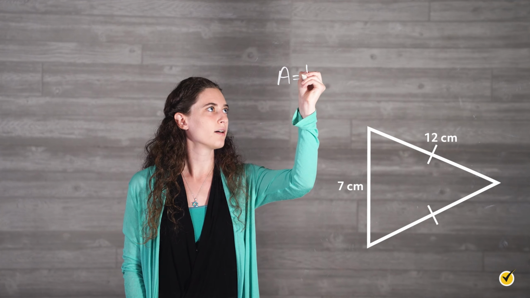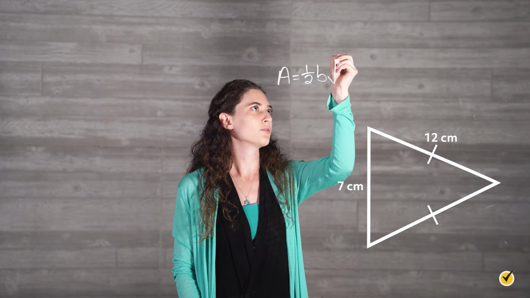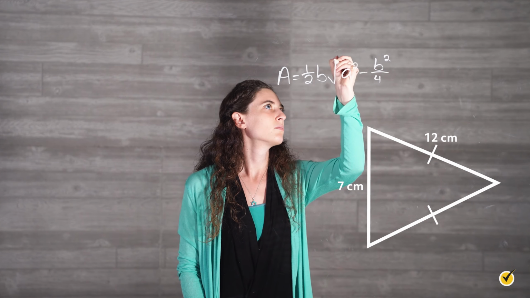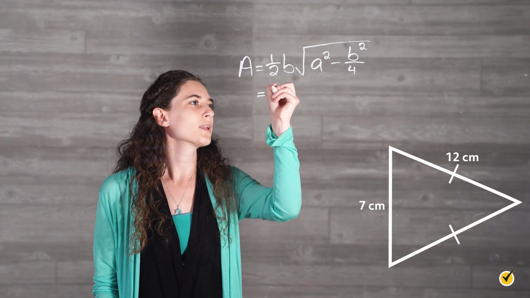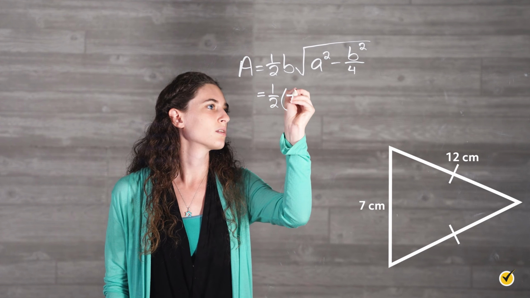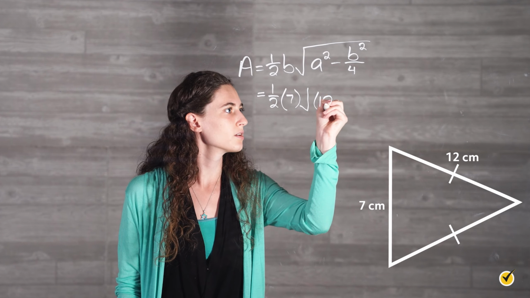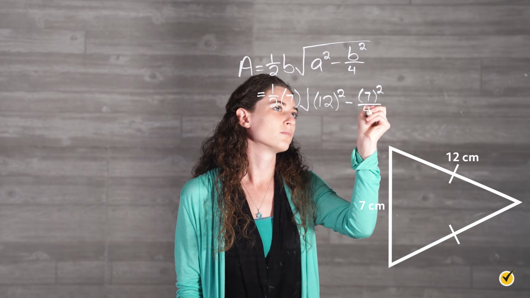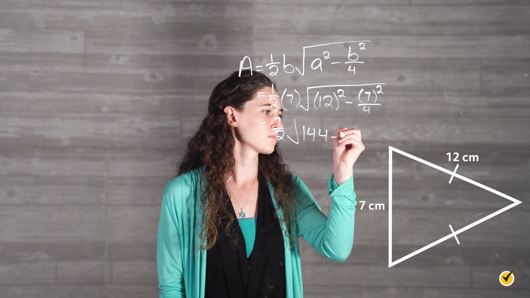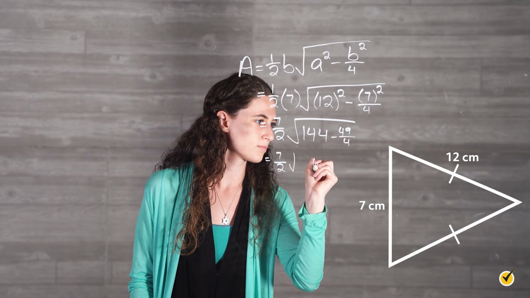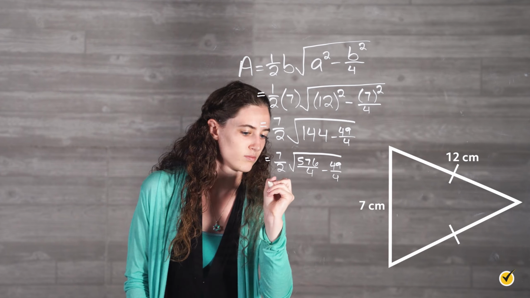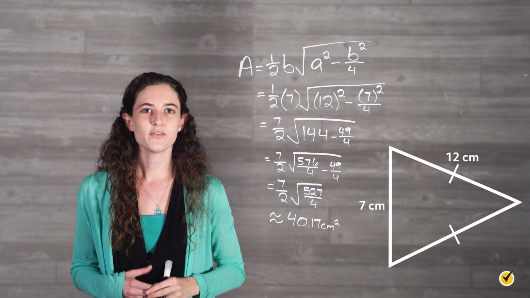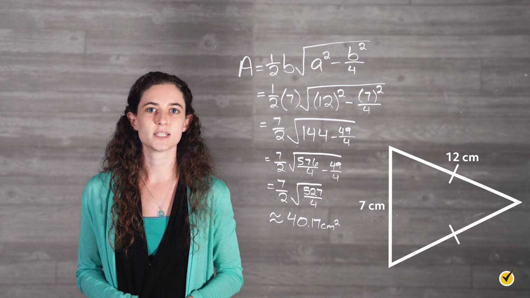A equals 1/2 B times the square root of A squared minus B squared over 4, which is equal to 1/2 times 7 times the square root of 12 squared minus 7 squared over 4. The area of our triangle is approximately 40.17 centimeters squared.